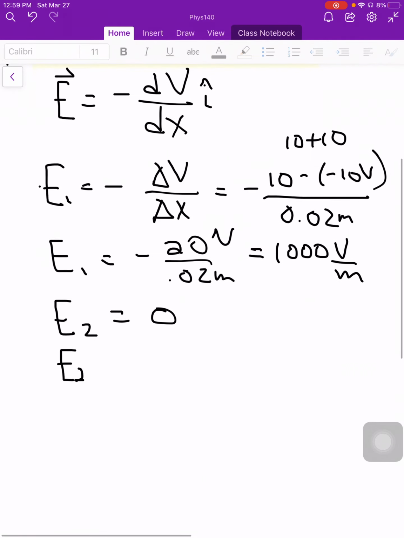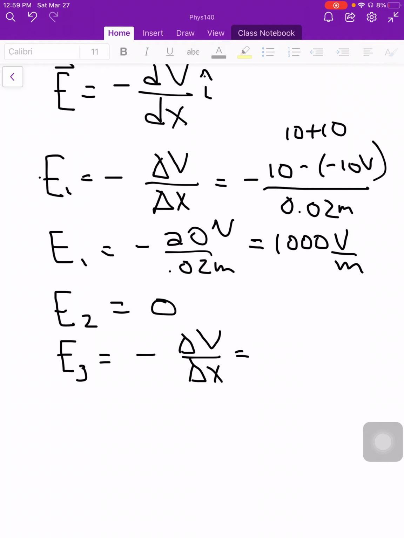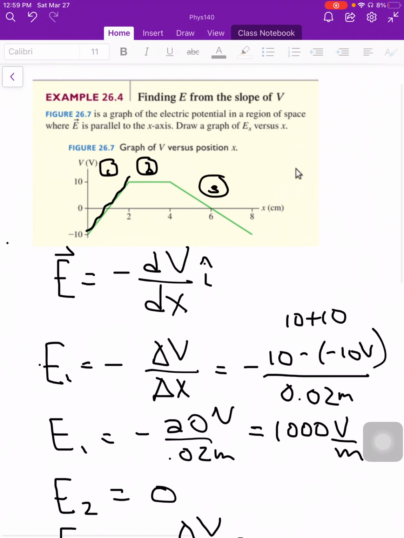Let me move that up and draw, and I'll erase my 3 and make that a little better. So E3 is again going to be a negative of delta V over delta X. And then when I look back, this is a negative slope, so I'm finishing at, I think it still ends at 10.